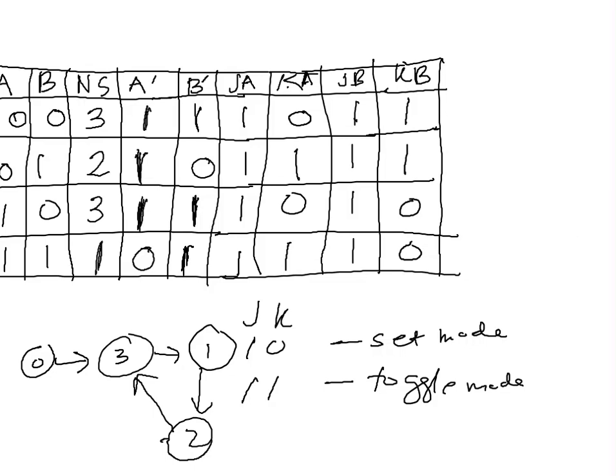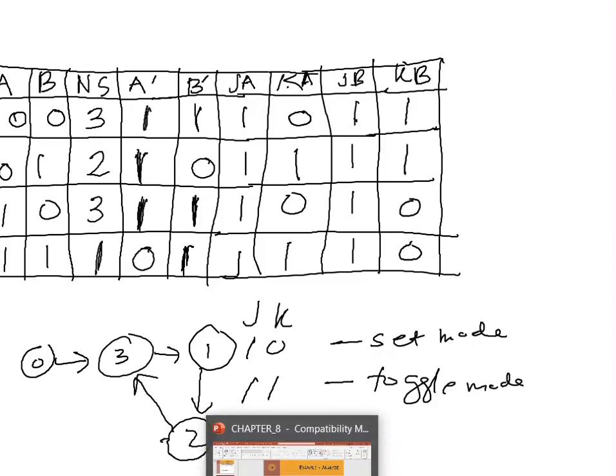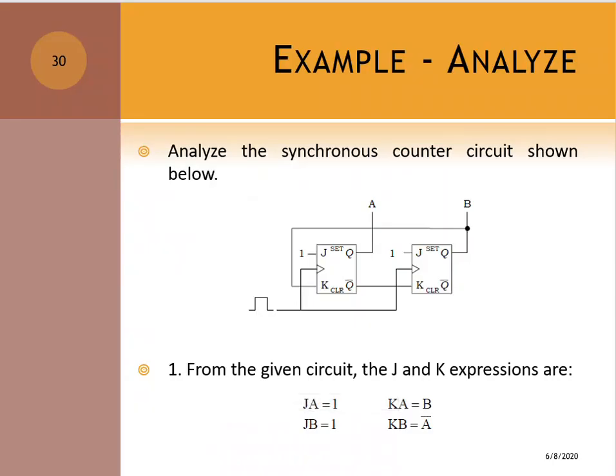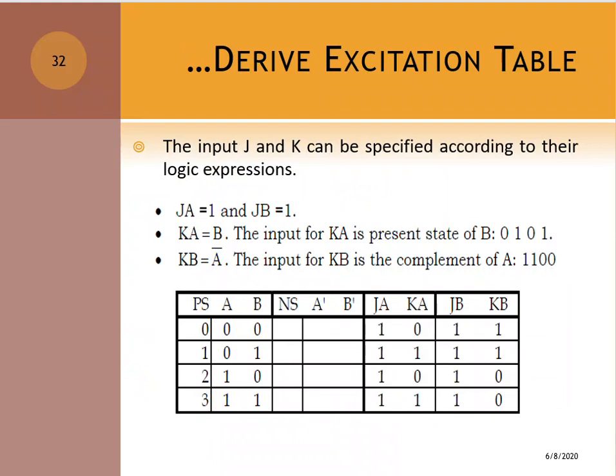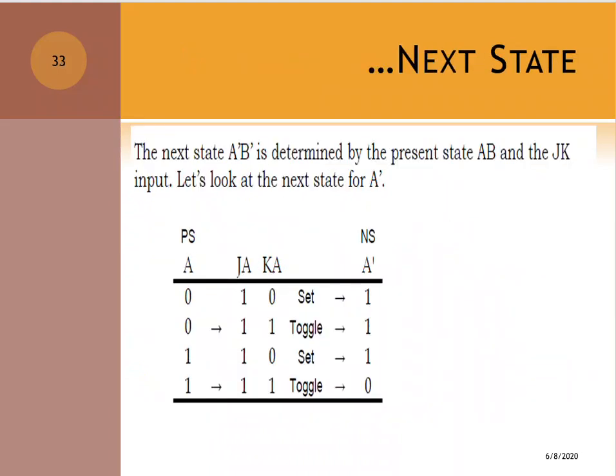Next, let's check for the answer. This is what we have done. You can go through the slide on your own; the slide is showing what I have explained just now.